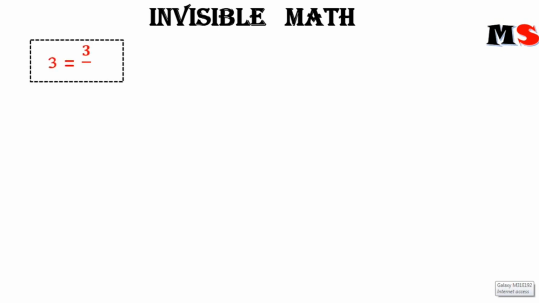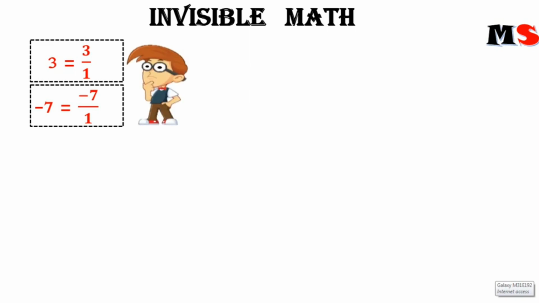Invisible math. First of all, we have the integer 3, which we can write as 3 over 1, and minus 7, which we can also write as minus 7 over 1. Now think, what is the invisible term?